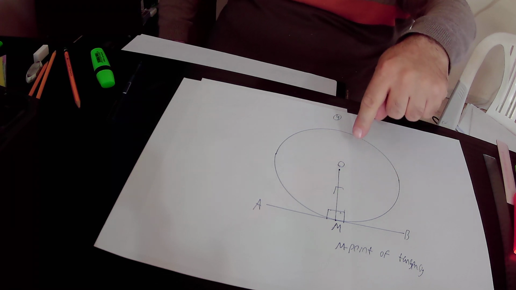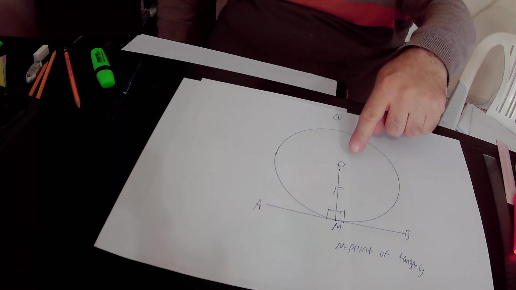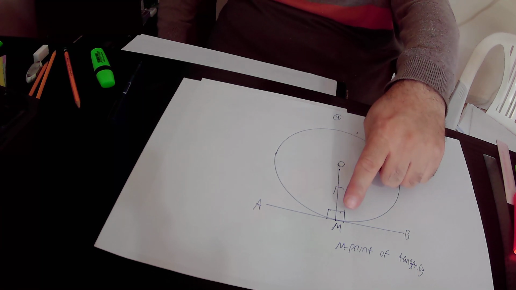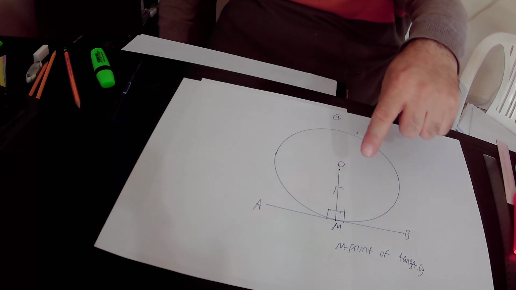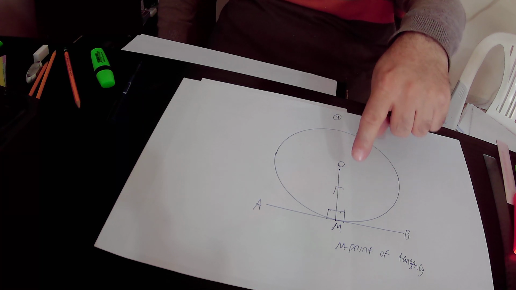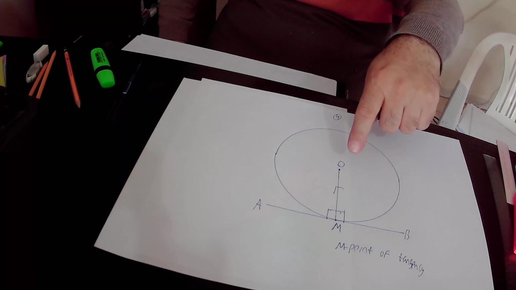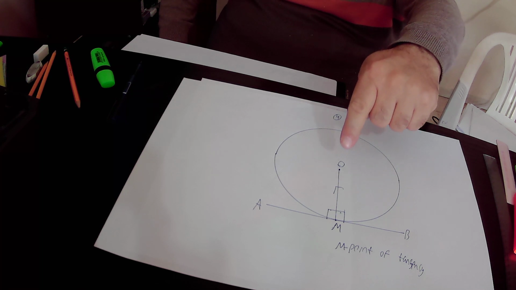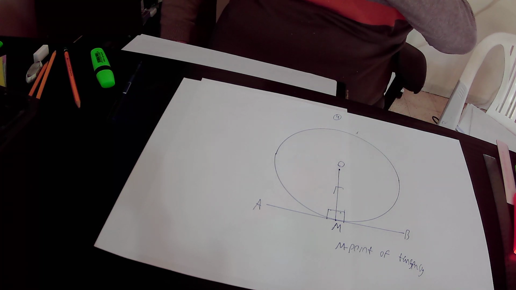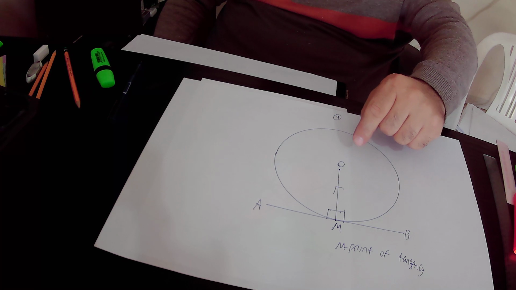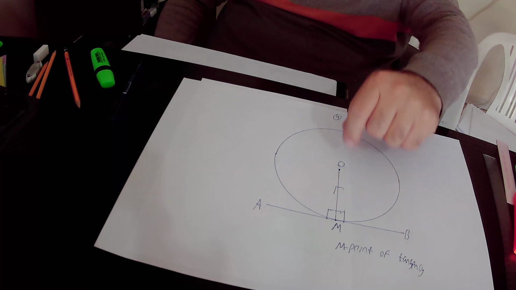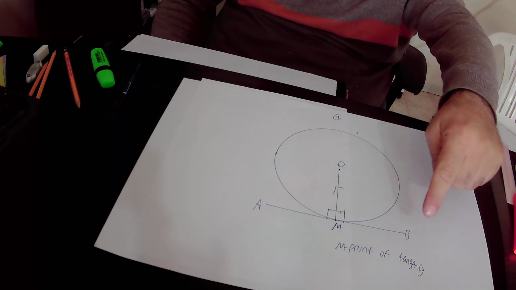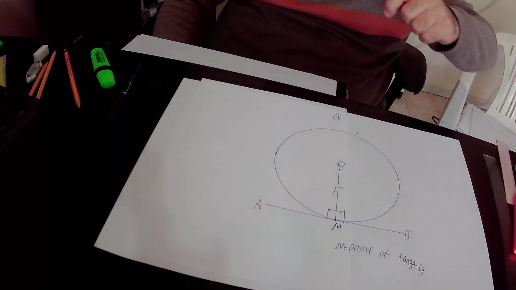OM is the radius of this circle because it starts from the center of the circle and ends at point M, a point on the circle itself. Therefore, OM is the radius of this circle. So we defined OM as R, the abbreviation for radius. So we have here the radius OM that is drawn to the point of tangency, that is to say, to point M, the point of tangency of tangent AB with this circle.